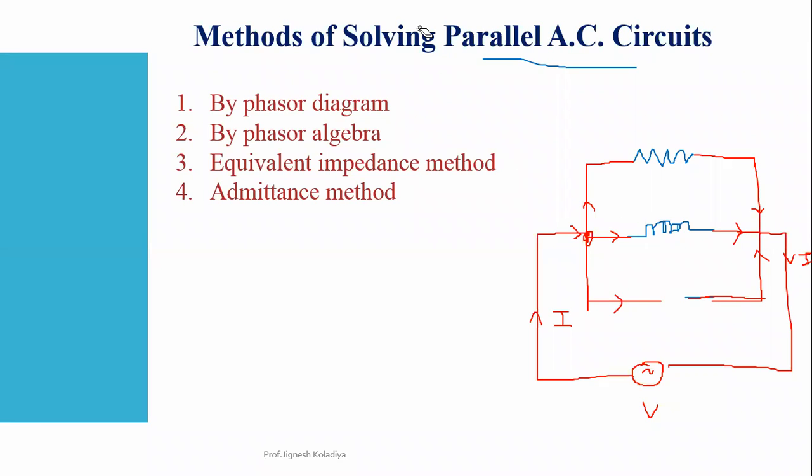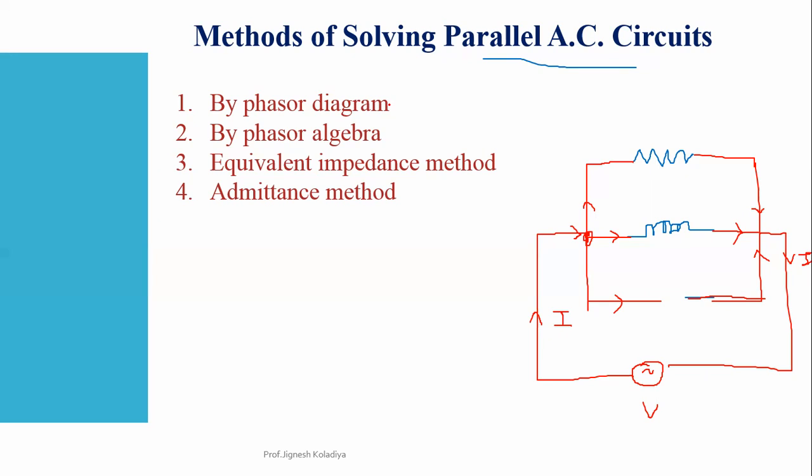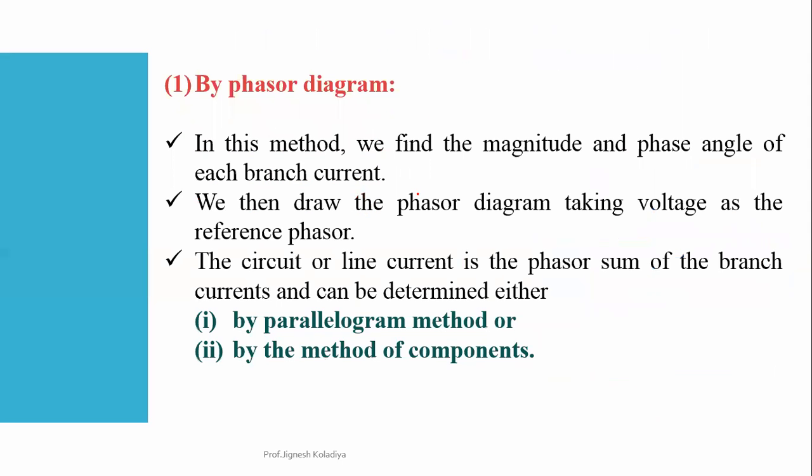We have different methods to solve the parallel AC circuit, and you can see all these four methods here. The first one is the phasor diagram method. Second is the phasor algebra method. Third is the equivalent impedance method. And the fourth one is the admittance method. One by one, we will see each and every method.